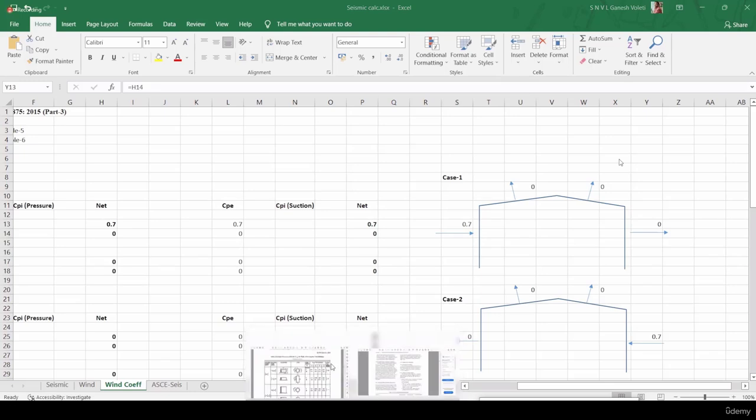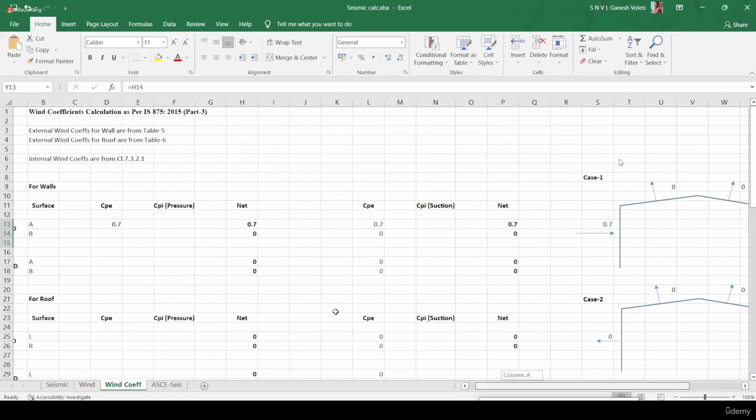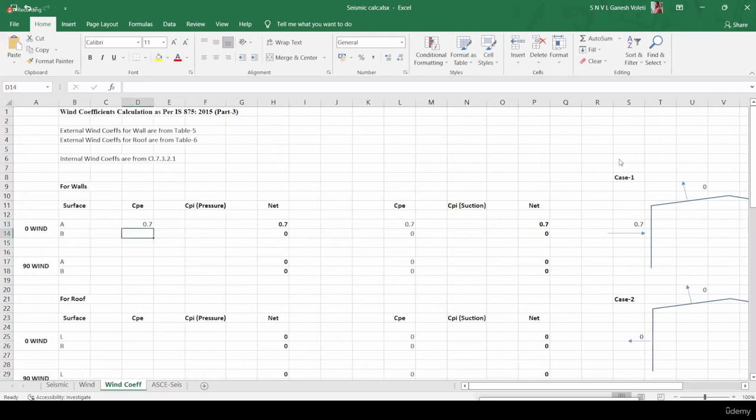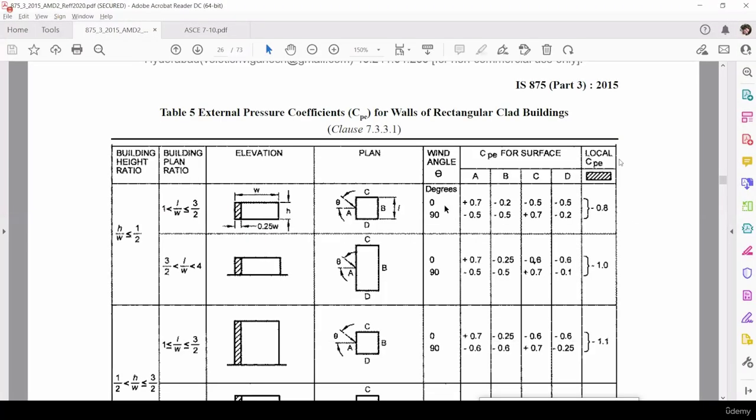B surface is minus 0.2. Okay, let us see this as minus 0.2. Okay, first we have completed 0-degree wind. Here you can see we have completed 0-degree wind for A and B surface.